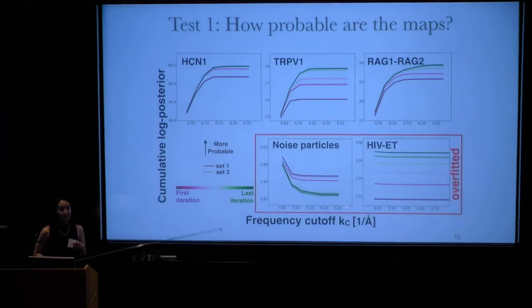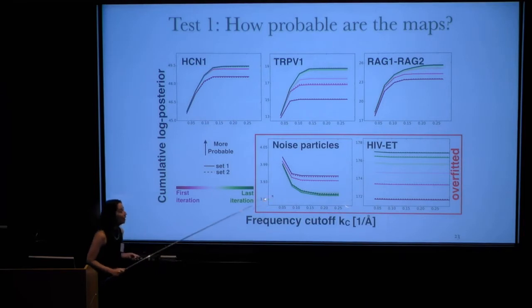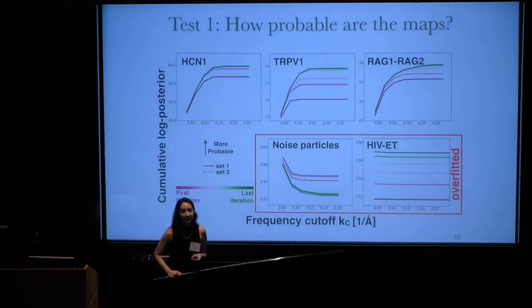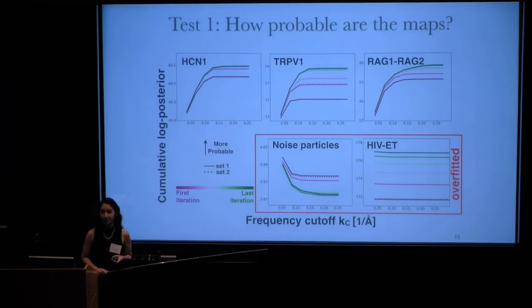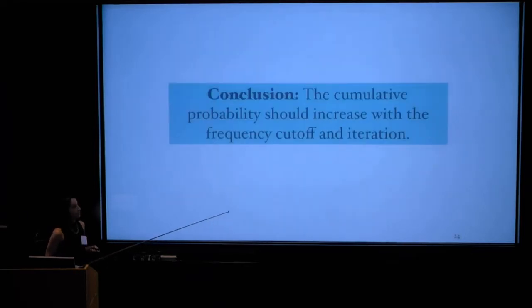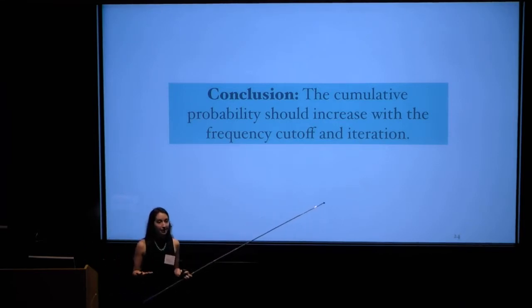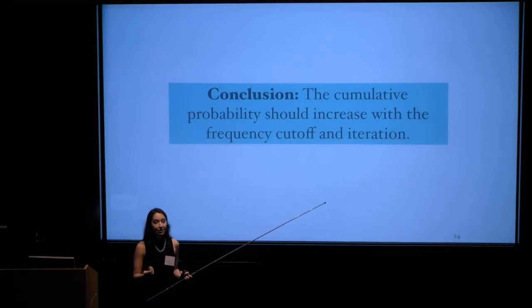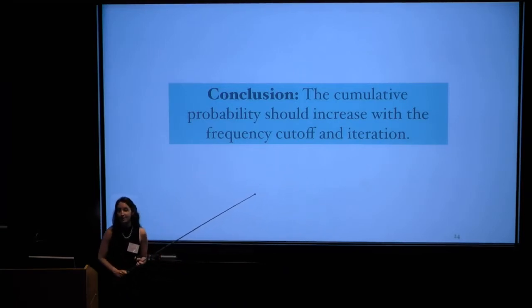However, for the overfitted data sets, the noise particles or the HIV envelope trimers, what we find is a decrease, or a slight decrease, in the posterior probability, or that there is no effect when I add higher frequencies to my map. So basically, this would be the first test that one should do to monitor the quality of your Cryo-EM maps. You have to check that your posterior probability increases as a function of the iteration and as a function of the frequency added to these maps.